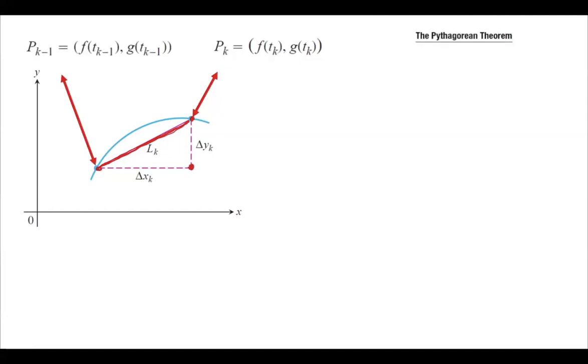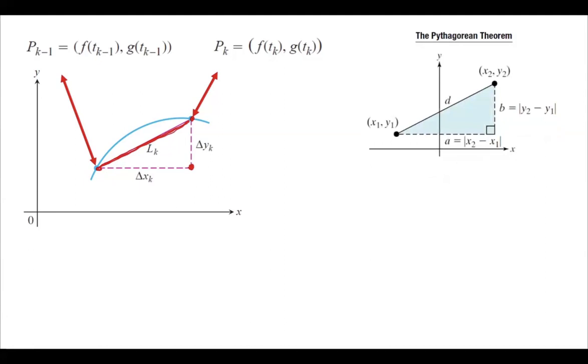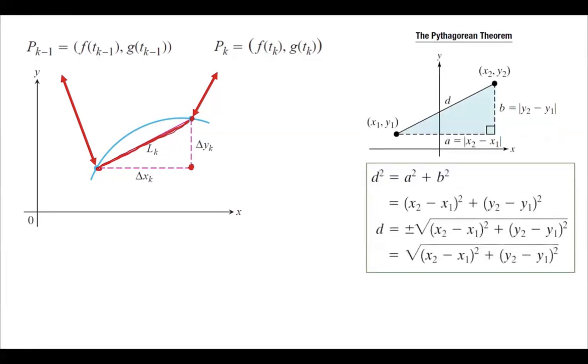By the use of the Pythagorean theorem, we know that the measurement for d is equal to the square root of x2 minus x1 to the second plus y2 minus y1 to the second. This is the distance between these 2 points, or as you remember, the hypotenuse for this right triangle. A in this case is your delta x, and B in this case is your delta y.